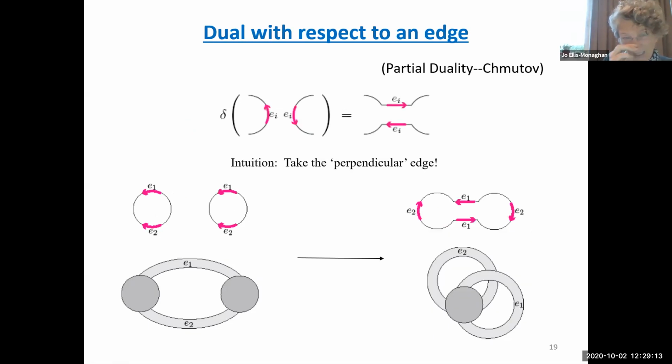Taking the partial dual with respect to an edge, but boy, this concept that Shmutov put out just changed the landscape. It's a very cool operation. The way you do it is, here are the two edges on your disc representation.